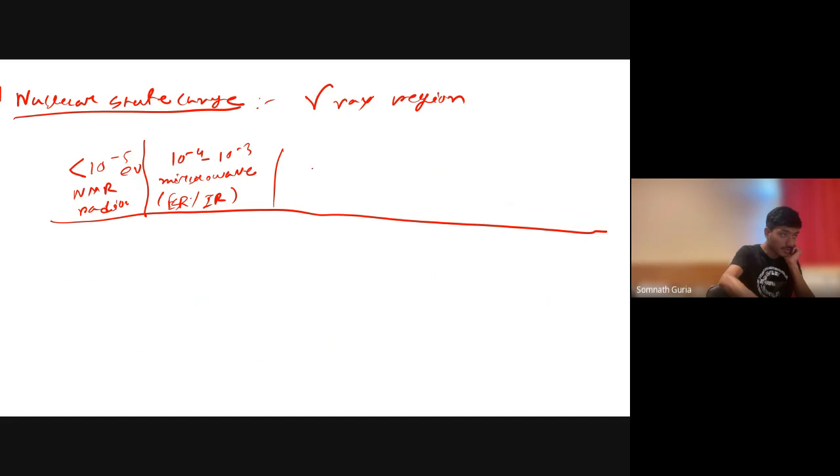Then we have the optical spectra, which is NIR, visible region, and UV-Vis region. Then we have the X-ray diffraction. The energy region is around 10 to the power 3 to 10 to the power 4. So X-ray.